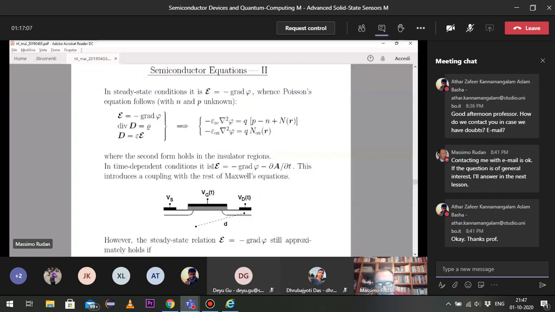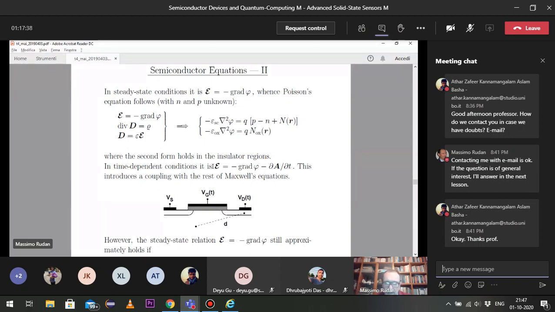So we now must look for some reasoning able to eliminate the time derivative of the magnetic potential, okay? Obviously, we can say, if we go to the limit of the steady state condition, of course, the derivative of A with respect to time will be zero identically, okay?